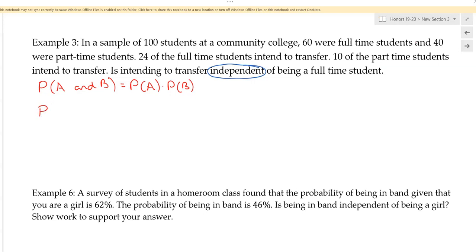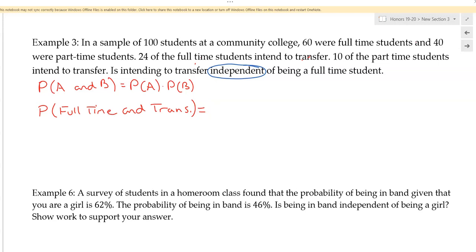So here, is intending to transfer independent of being a full-time student? So I'm going to do full-time and they're transferring, right? And I just say that because full-time and transfer is the order they went here. For and, the order doesn't really matter. In your conditional, the order does matter.